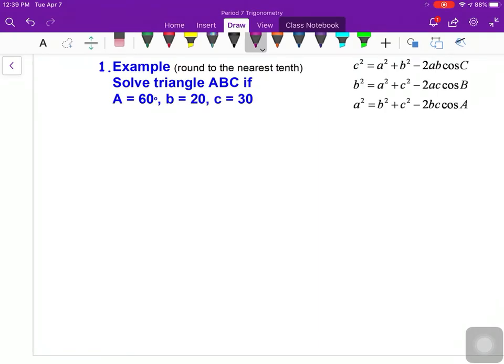And we're using the law of cosines. Let's take a look at a few examples. In this first example here, we're trying to solve an entire triangle, and we are given two sides, and since this letter doesn't match either of those, we have an included angle.